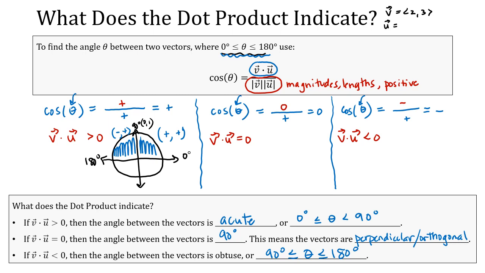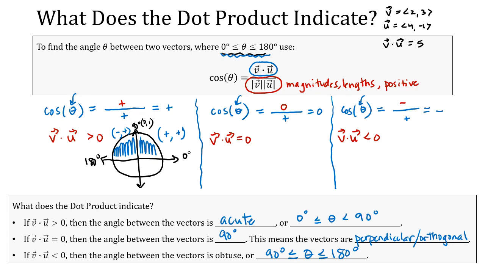The position vector u was at 4, -1, and we found that the dot product was 2 times 4, which was 8, plus 3 times -1, which gave us -3. So we found that the dot product was 5.